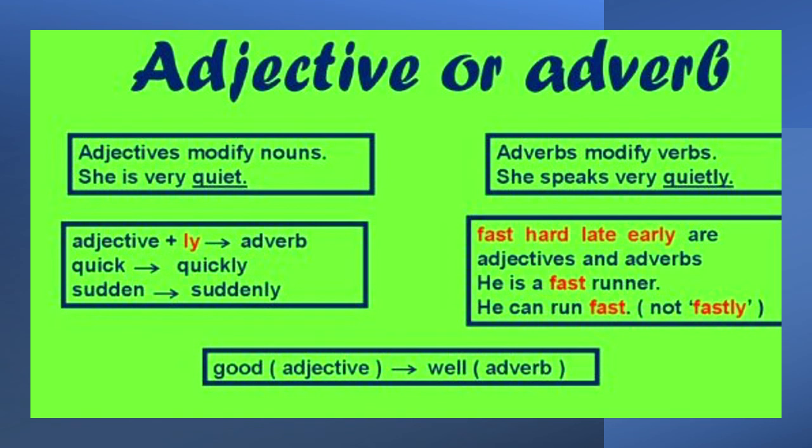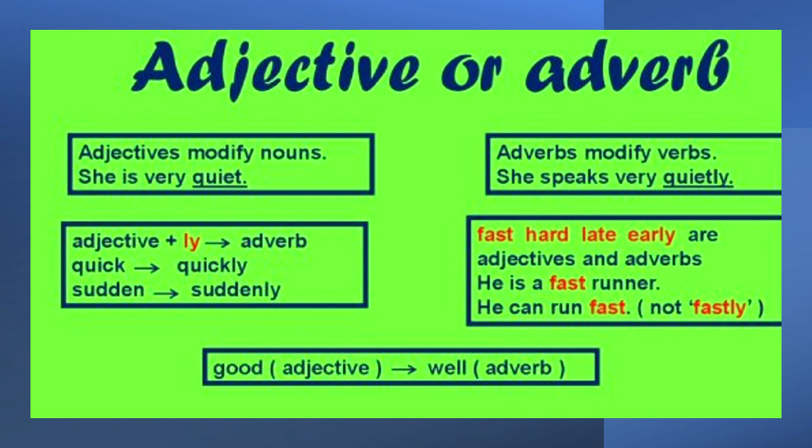Sometimes adjectives and adverbs are the same in terms of words, like fast, hard, late, early. They are adjectives also, they are adverbs also. If I say he is a fast runner, here runner is a noun, so fast becomes an adjective. But if we say he can run fast, here run is a verb, so fast is an adverb.